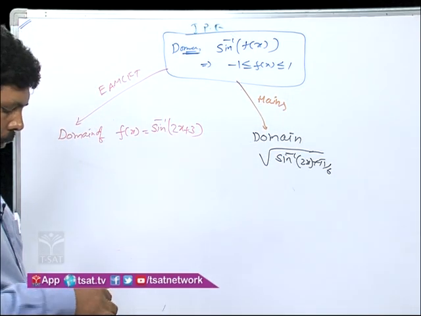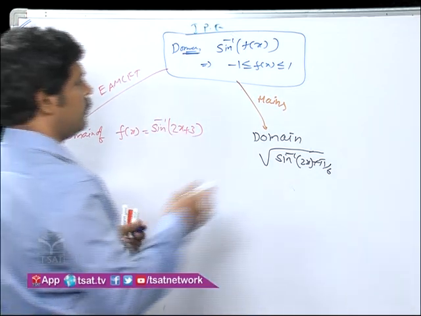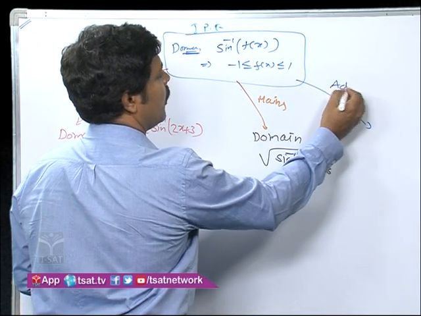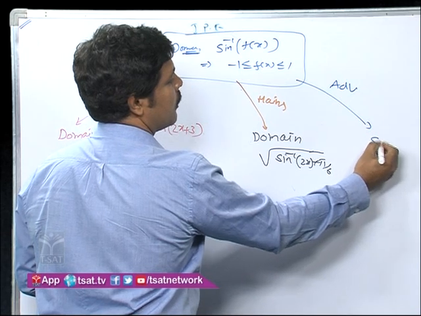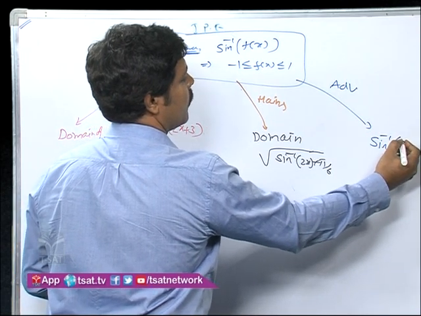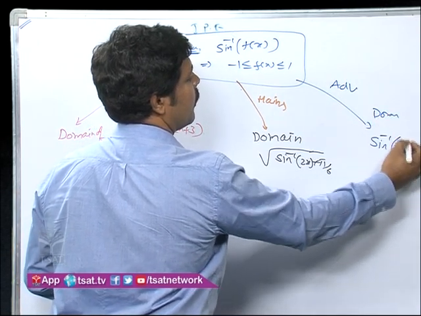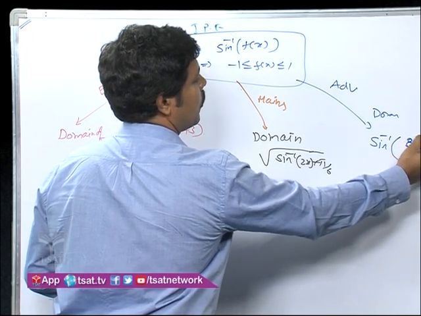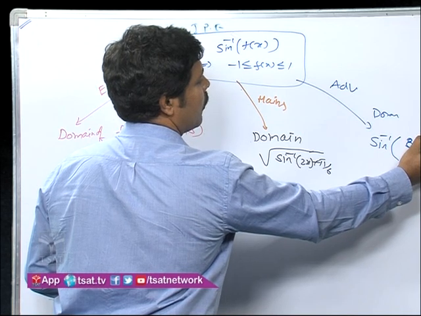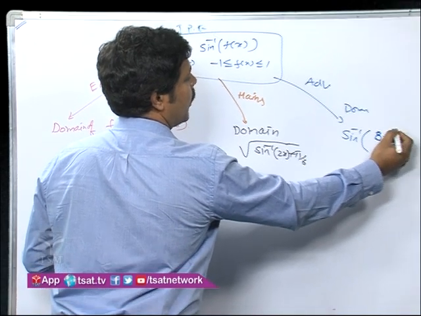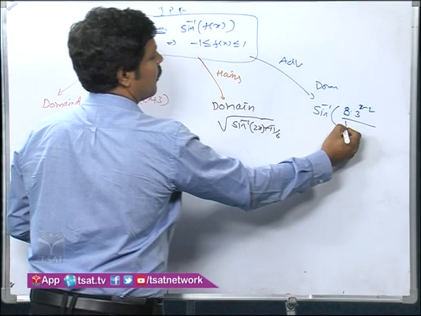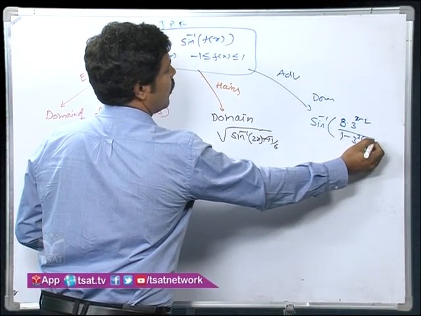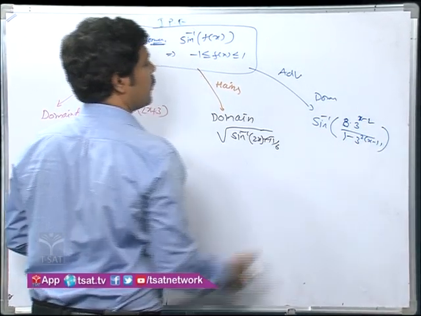In advanced, the same concept: domain of sin inverse of 8 into 3 to the power of x minus 2 by 1 minus 3 into 2 into x minus 1.